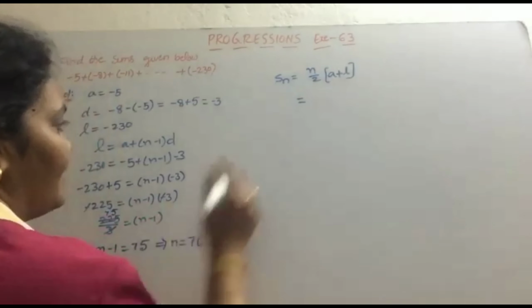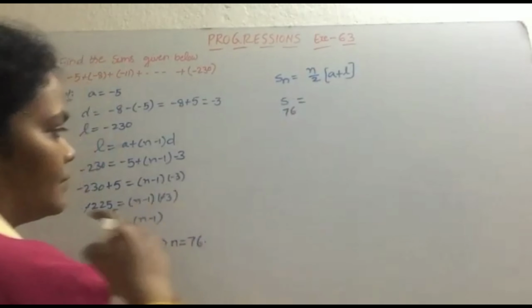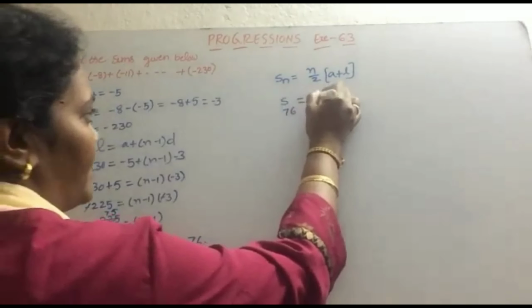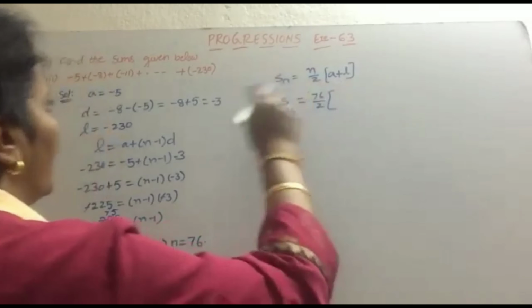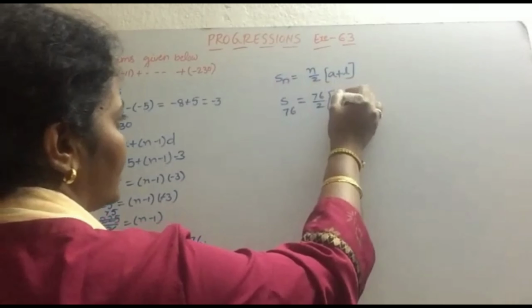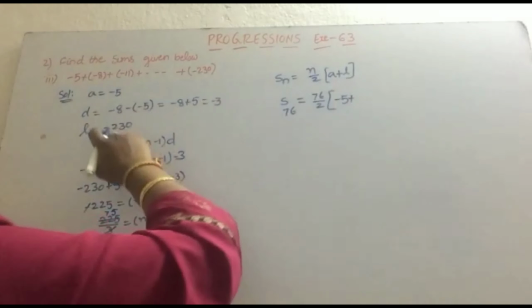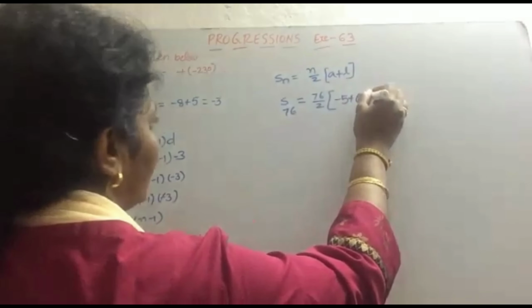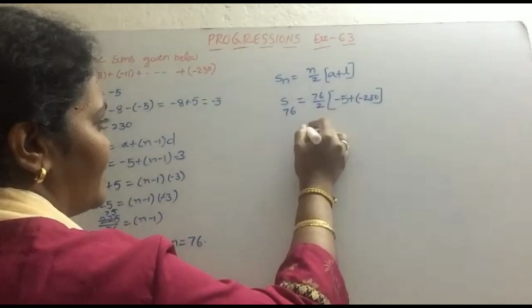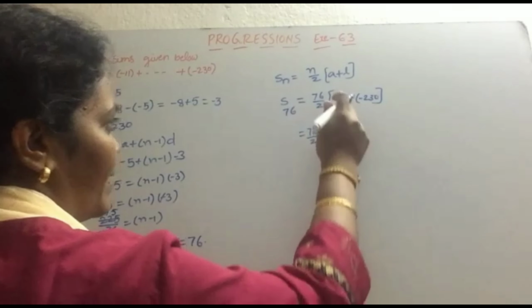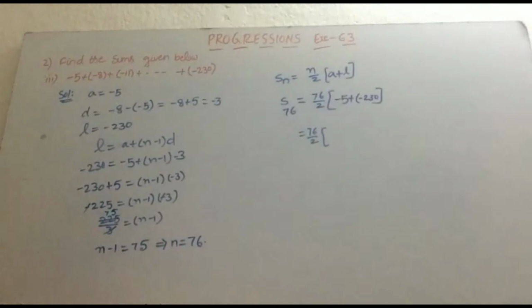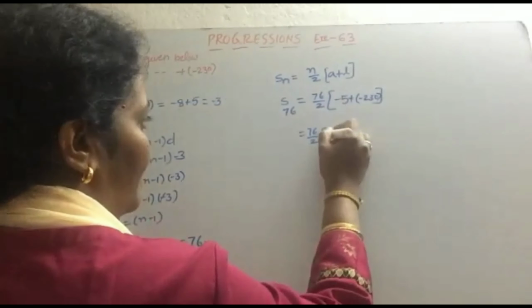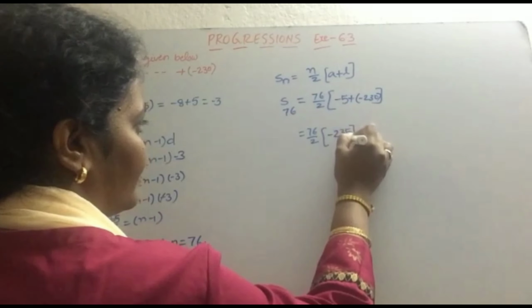So S76 equal to 76 by 2 into a is minus 5 plus l is minus 230. So 76 by 2 into minus 235.